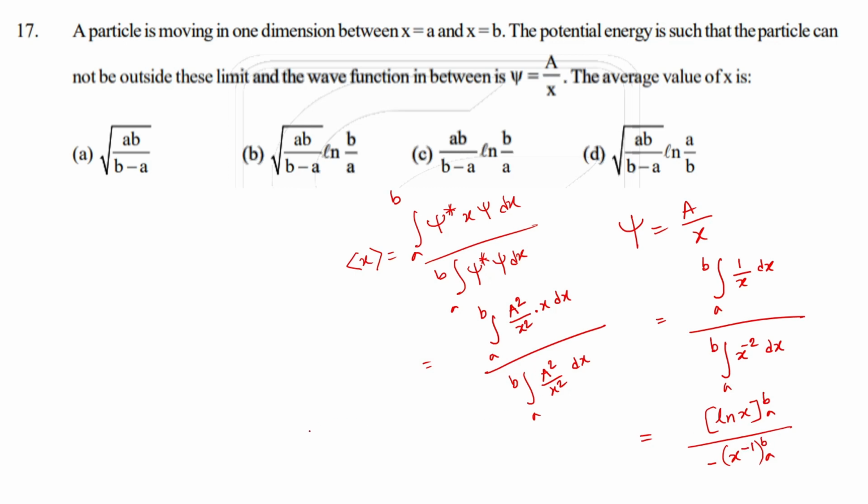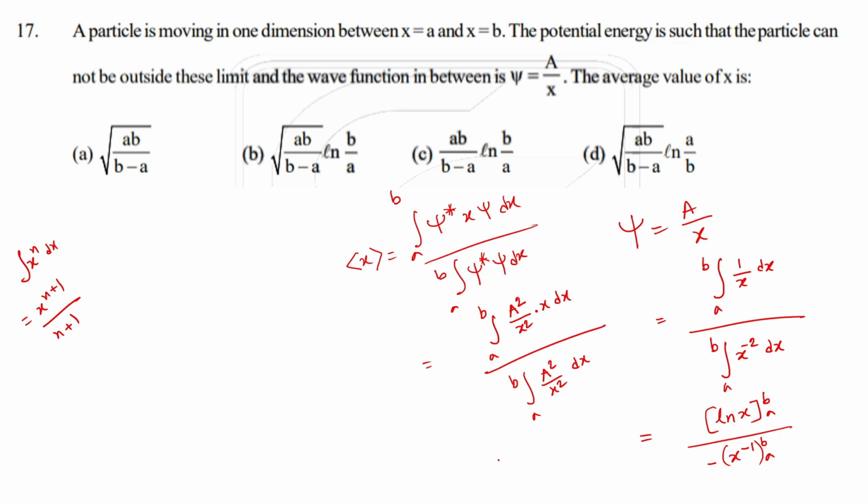Because the integral of x to the power minus 2 would be x to the power minus 2 plus 1, and the whole divided by minus 1. I have just put the formula, the integral of x to the power n dx, which is x to the power n plus 1 by n plus 1, right? Instead of n I have put n equal to minus 2.